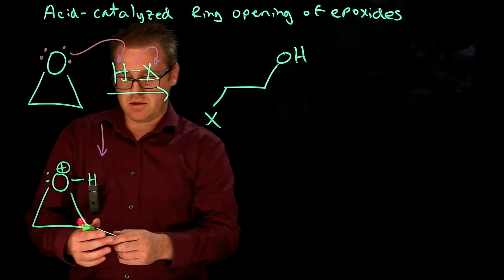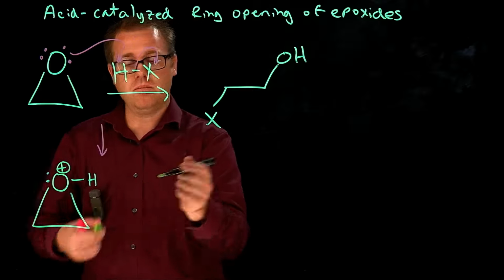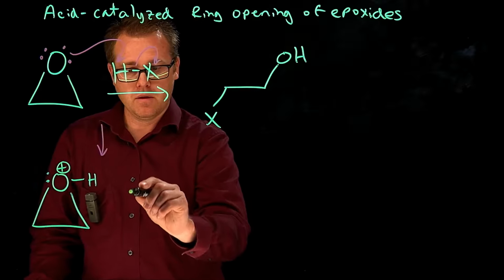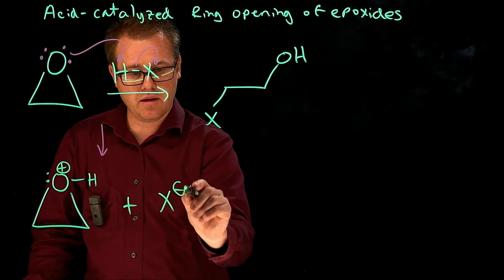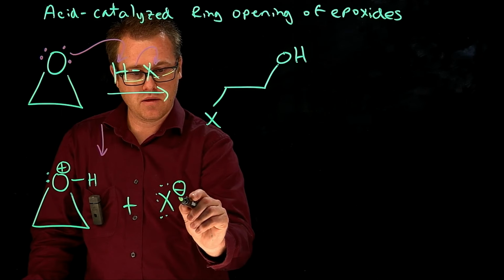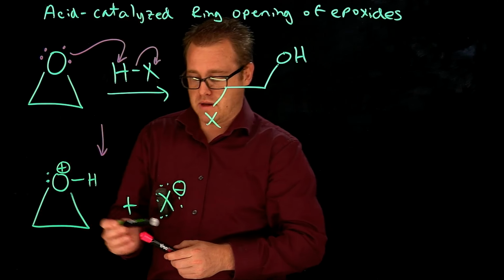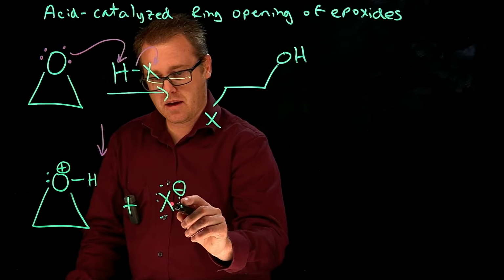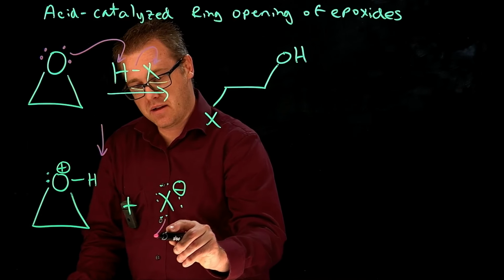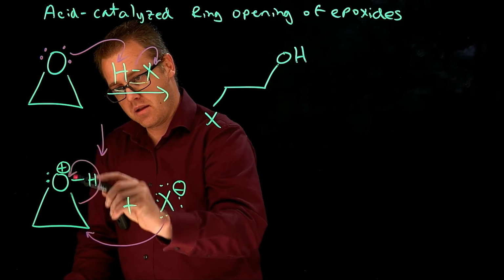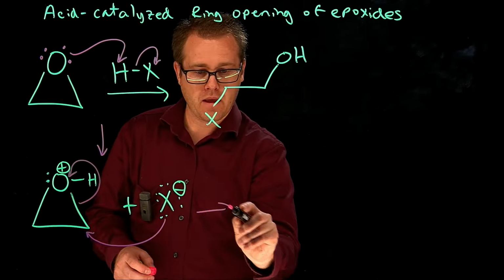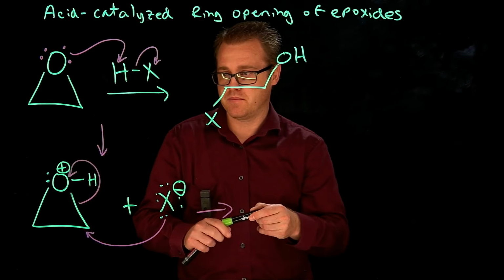And so that's going to help, plus our conjugate base right here. And so now our conjugate base right here can act as a nucleophile and attack the carbon like so to give us our product.